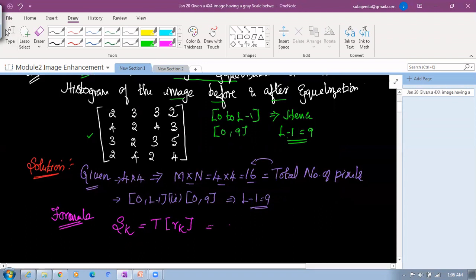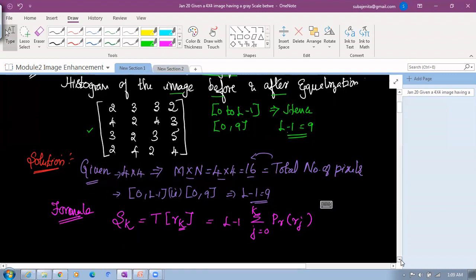Hence, I can write it as Sk equal to L minus 1 into summation j is equal to 0 to k PR of Rj, where k represents the gray levels. So from the given image segment, first let us represent it in the form of a table.